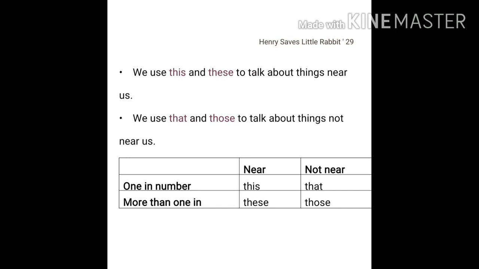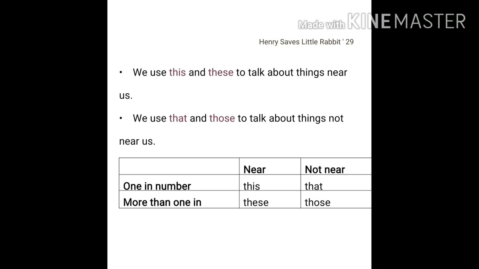We use this for nearby thing or person and that for far away person or thing. Far means which is not near. We use this for nearby things and person and that for things and person which are far.